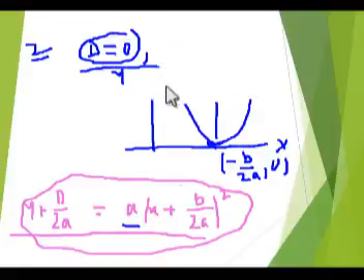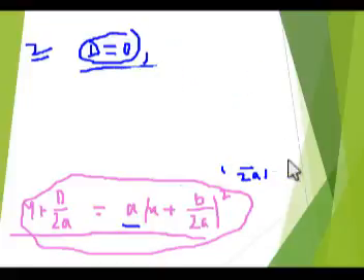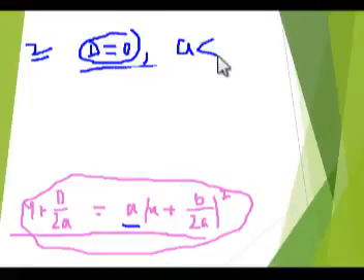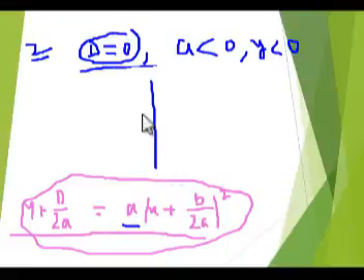If it happens that d is equal to 0, but a is less than 0, then what will y be? y must be less than 0. Then the parabola touches the x-axis, but it will now be downward of the x-axis.